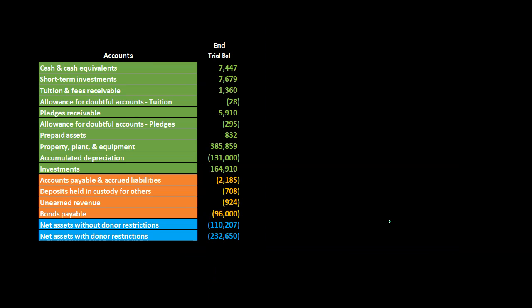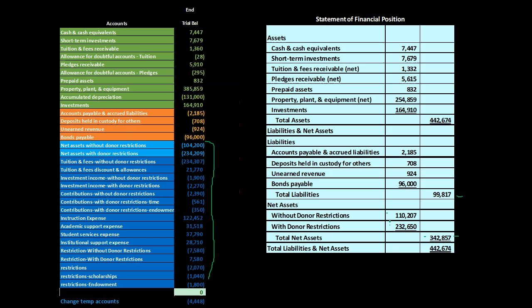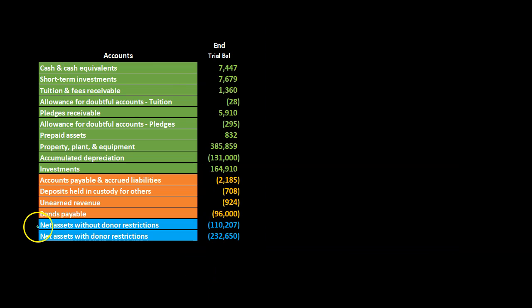One way that we have seen this number is when we calculated the post-closing trial balance, closing out the temporary accounts, the dark blue accounts, into what would be equity accounts, here the net assets accounts, breaking them out into their respective or correct net asset account, those without donor restrictions and those with.